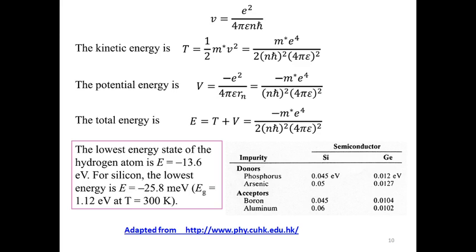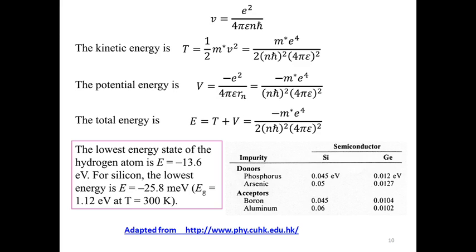Then these are the very well known equations in terms of velocity. Then we know the equation in terms of kinetic energy, just put in the value of the above v. Then the equation of potential energy, and if you know the kinetic energy and potential energy, then we can easily calculate the total energy, and that total energy E is equal to minus m star e raised to 4 divided by twice n h cross square 4 pi epsilon bracket square.